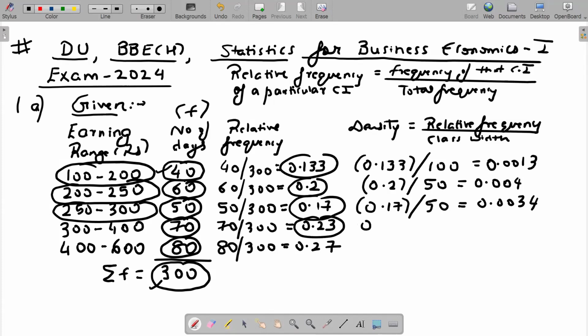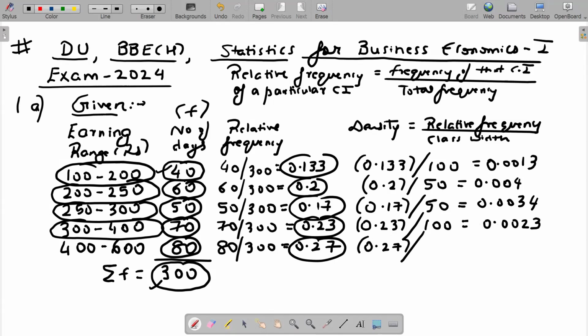Then 0.23 divided over 400 minus 300 is 100, comes out as 0.0023. And then 0.27 divided over 600 minus 400 is 200, comes out as 0.0013. So these are my densities.